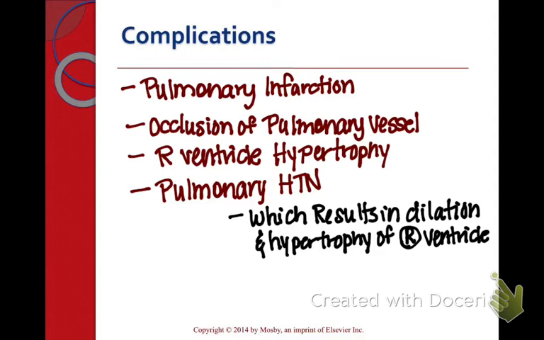And then pulmonary hypertension. We're going to talk more about pulmonary hypertension. Just remember that pulmonary hypertension results in dilation. Dilation means make bigger, right? And hypertrophy of the right ventricle. So these are all complications that can happen from a PE.